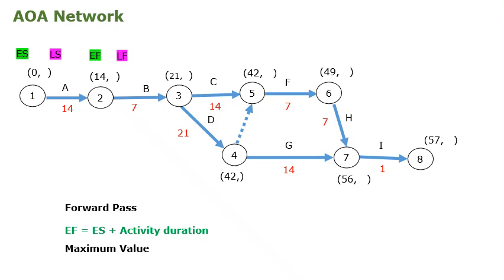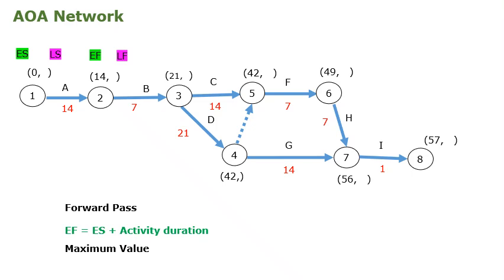But at D, we will get the maximum value. The main rule is that in the forward pass, if we get different values from different arrows, we take the maximum and carry it further. Likewise, for activity F, 42 plus 7, 49, and for G, 42 plus 14, 56.